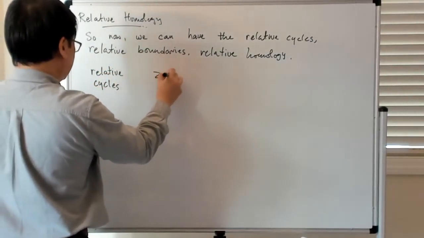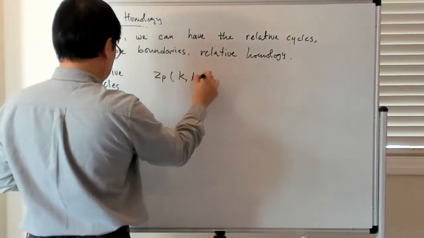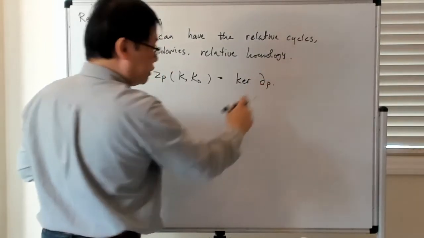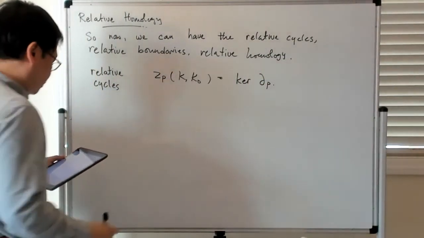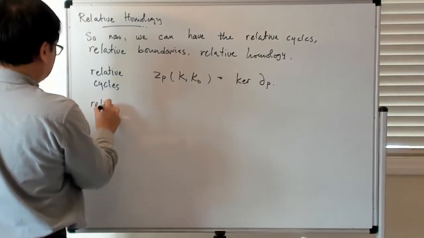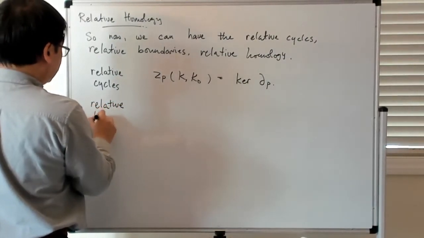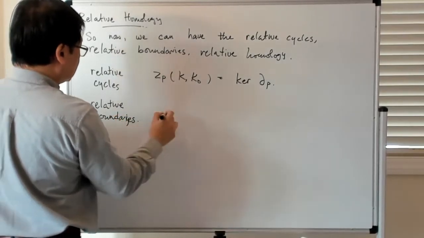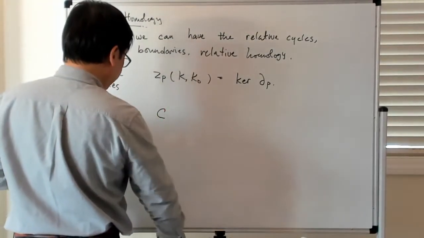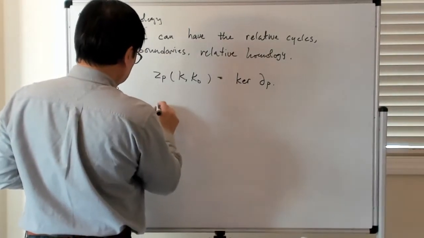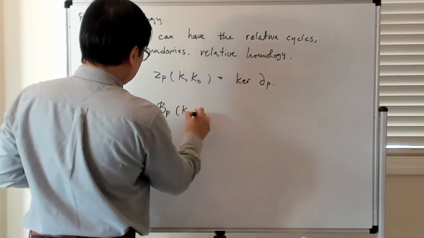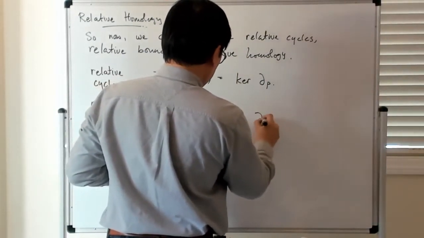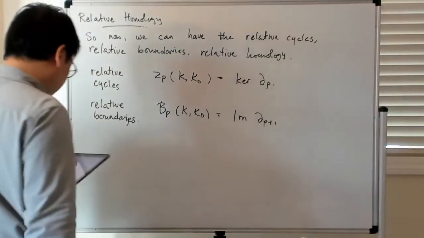So the relative cycles, Zp(K, K0), is the kernel of this boundary operator, the induced boundary operator on the relative chain group, right? And then we have the relative boundaries, Bp(K, K0), and this is the image of the boundary operator for dimension p plus 1.